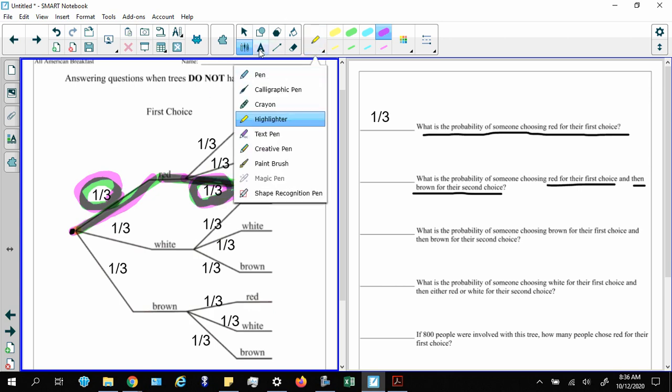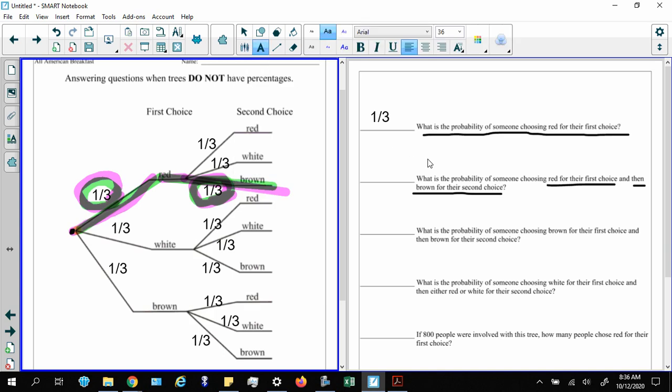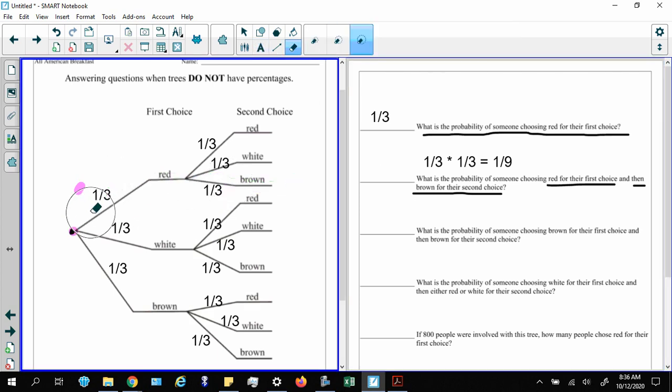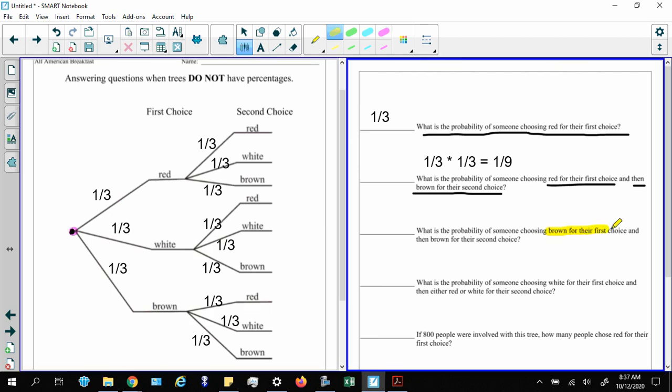Now, whenever you're dealing with multiple branches, what you're going to do is multiply them. So 1/3 times 1/3 gives you an answer of 1/9. So you have a 1 out of 9 possibility of red being chosen first and then brown. All right. So let me clean this back up and let's answer the third question. What is the probability of someone choosing brown for their first choice and then brown again for their second choice?